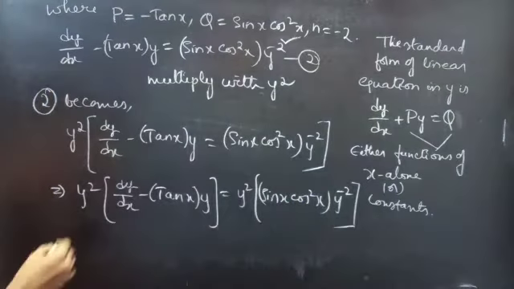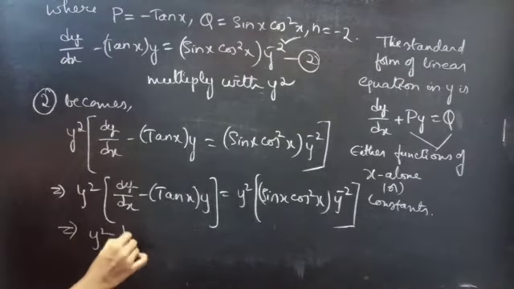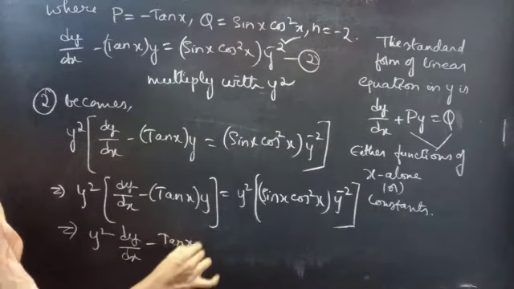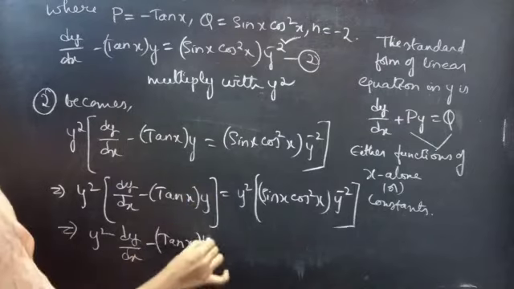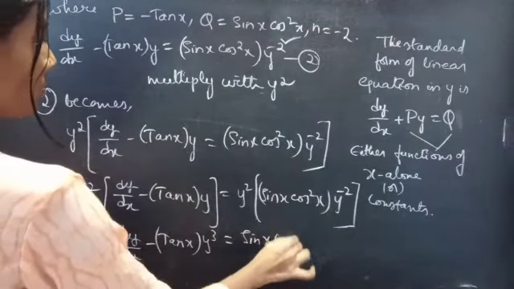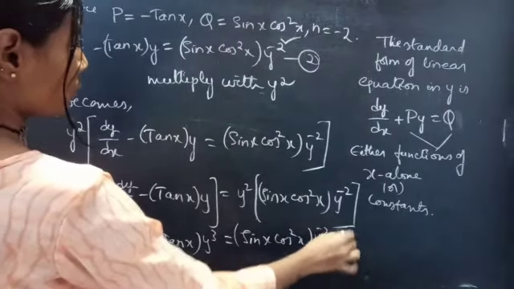Then y square into dy by dx minus tan x into y square into y equals sin x cos square x into y power minus 2 into y square.